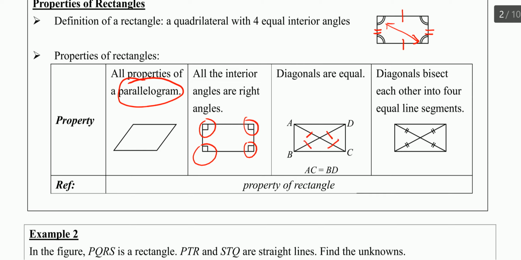It is not difficult to understand, since for the parallelogram we know the diagonals bisect each other, so if we apply this, we can obtain such properties of the rectangle.